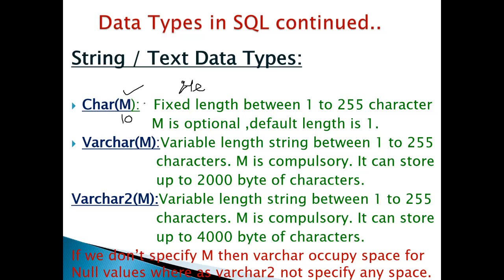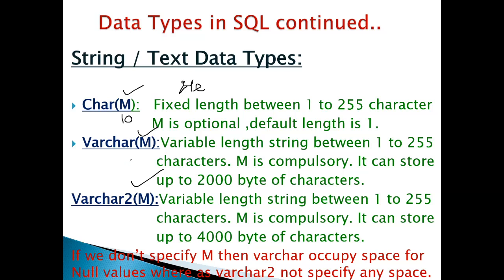So in computer memory, all 10 characters will be reserved, and this "he" is stored with blank spaces. But in the case of varchar and varchar2, it is a variable length string. It doesn't consider blank spaces.